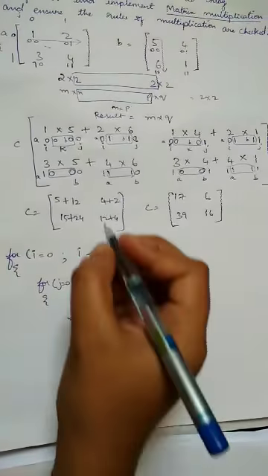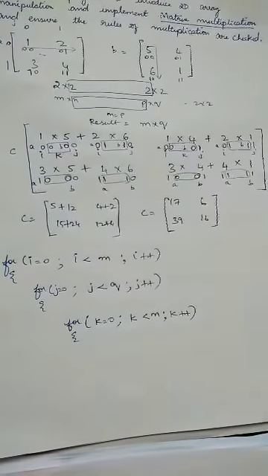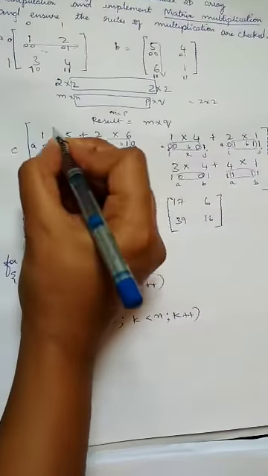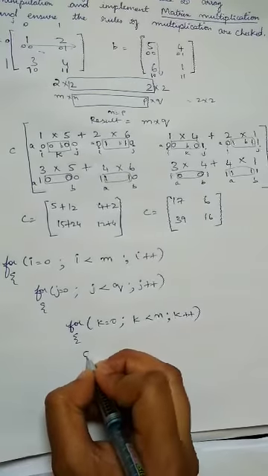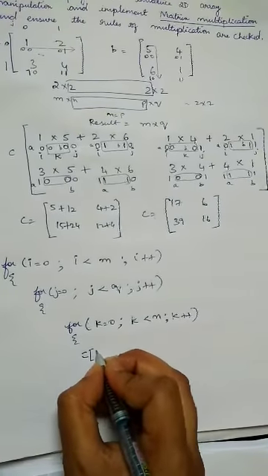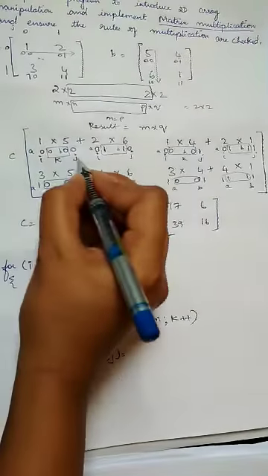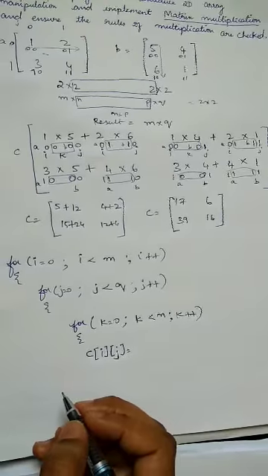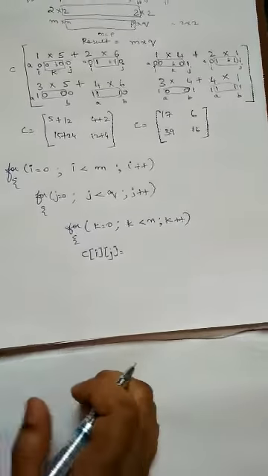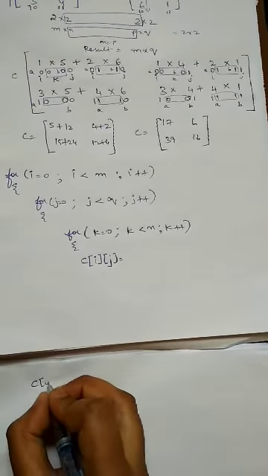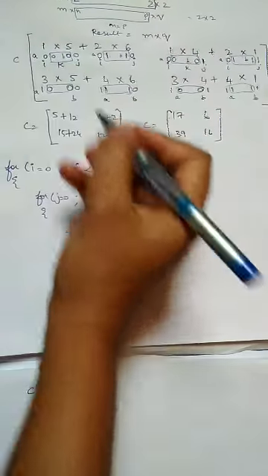Okay, now let us write how to write the code for computing this part. So only 1 into 5. How to compute 1 into 5? My resultant matrix C I am going to keep, so let us keep it as, in general, C of ij. Think that I want to compute C of 0, 0. How to do C of 0, 0? I am going to get it by this one.